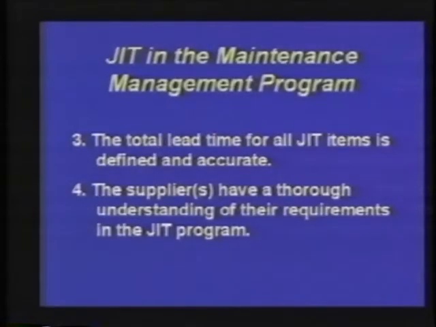In step 4, we want to make certain that we have trained the suppliers so that they have a thorough knowledge and understanding of the JIT program. If those suppliers are certified, then we can, as I said earlier in this section, have suppliers deliver material right to the job site wherever that can be accomplished.